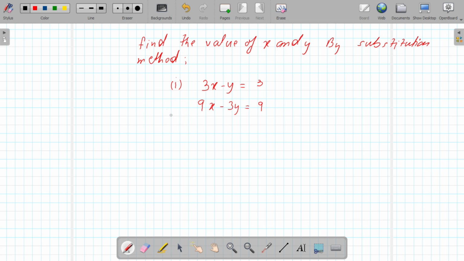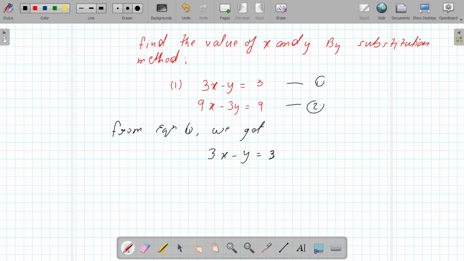So class, we have the question: find the value of x and y by substitution method. Suppose this is equation first, this is second. So we'll write, now from equation first we get 3x minus y equals to 3.